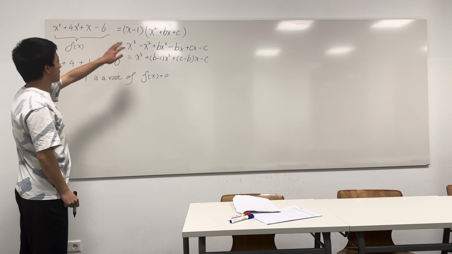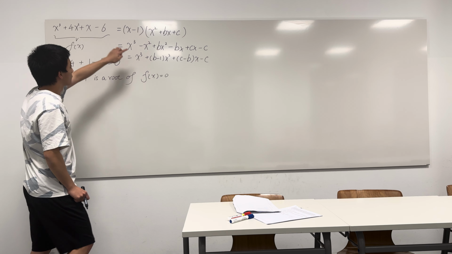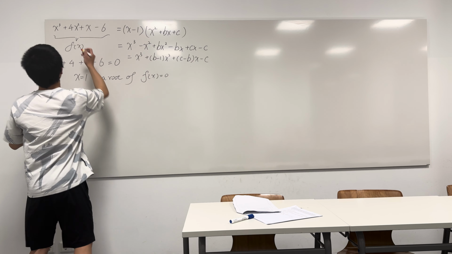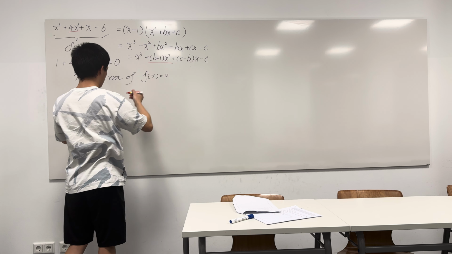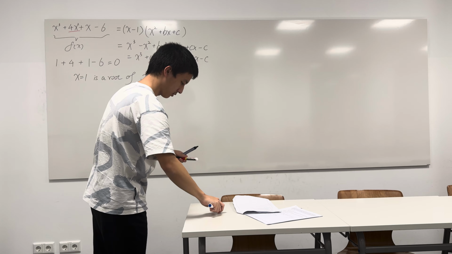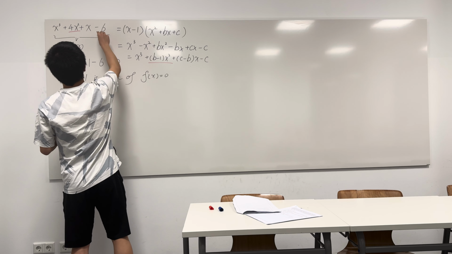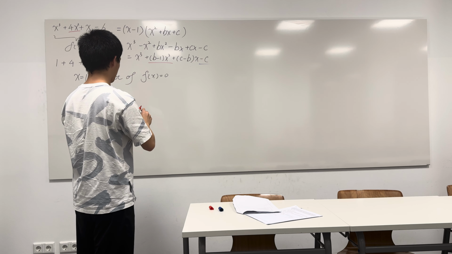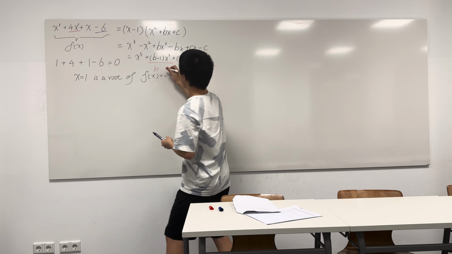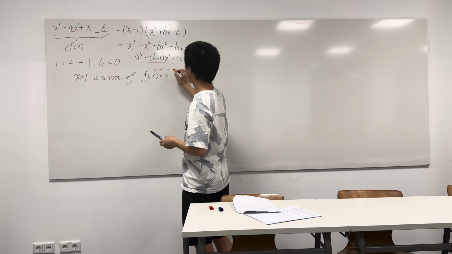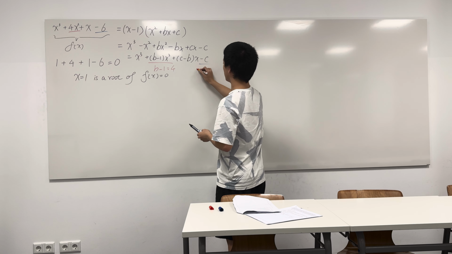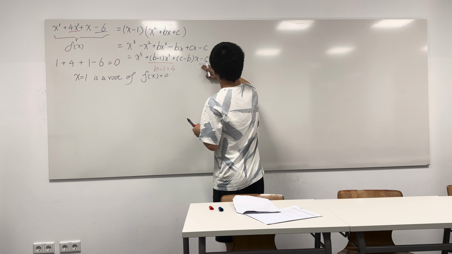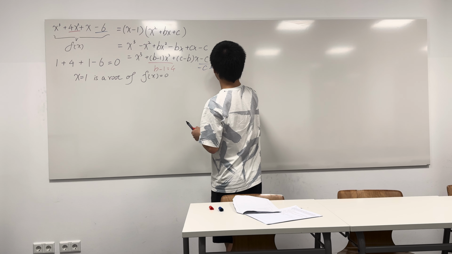So let's compare each term. We get b minus 1 equal to 4, and negative c equal to negative 6.